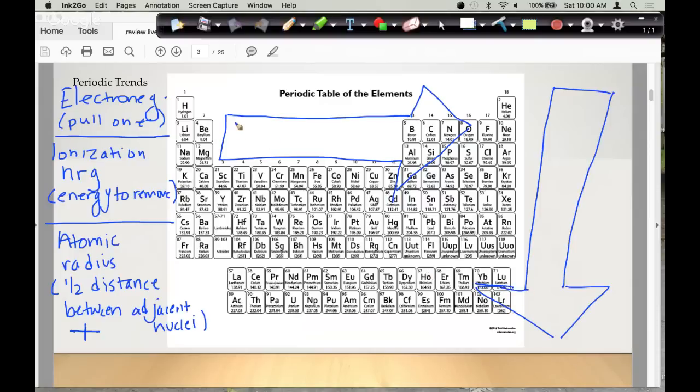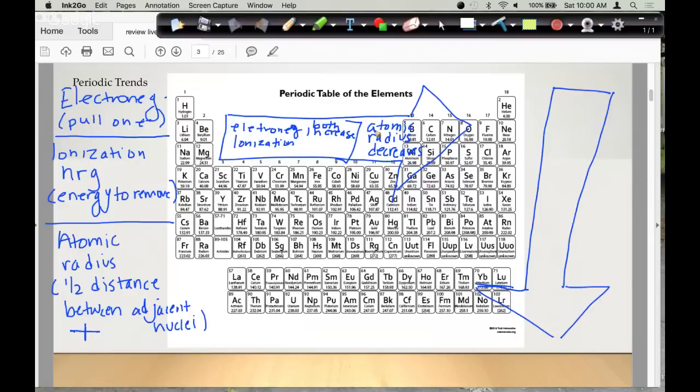So across a period, electronegativity and ionization energy tend to increase. But atomic radius decreases.